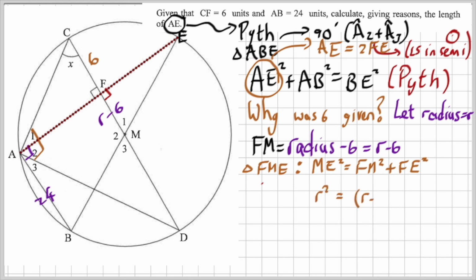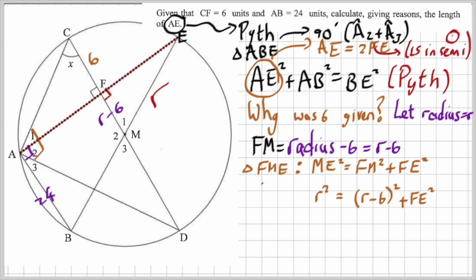Substituting the values I've got for R, I'm going to try and see, can I not solve for R? But I'm sitting with a problem. I have the length of ME as also being R because it's the radius. But I don't have any length for FE.